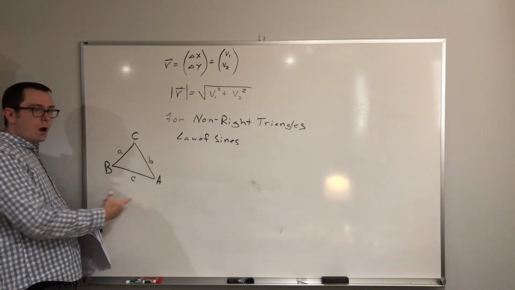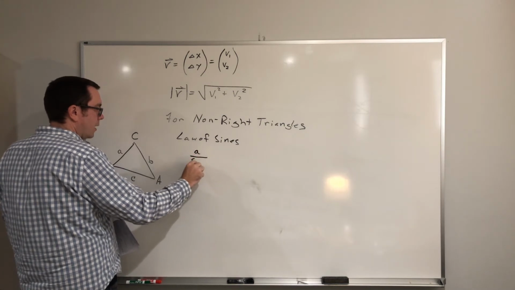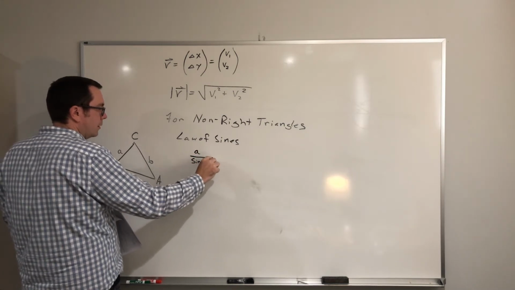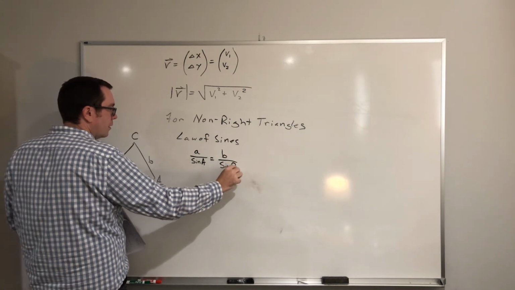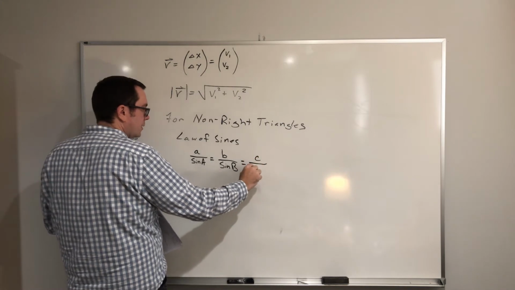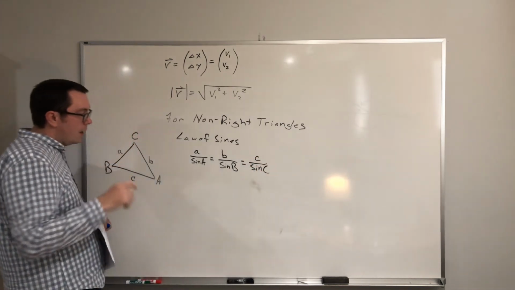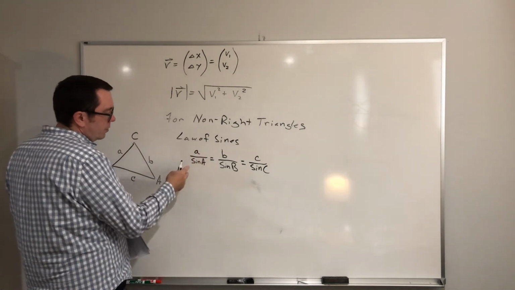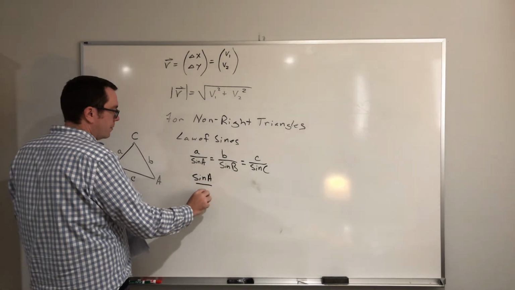So for this triangle, we know that side a is to the sine of angle A, as side b is to the sine of angle B, and side c is to the sine of angle C. Hope I said that right. And of course, the reciprocal is the same as well. It can be shown pretty easily that this is true, right?